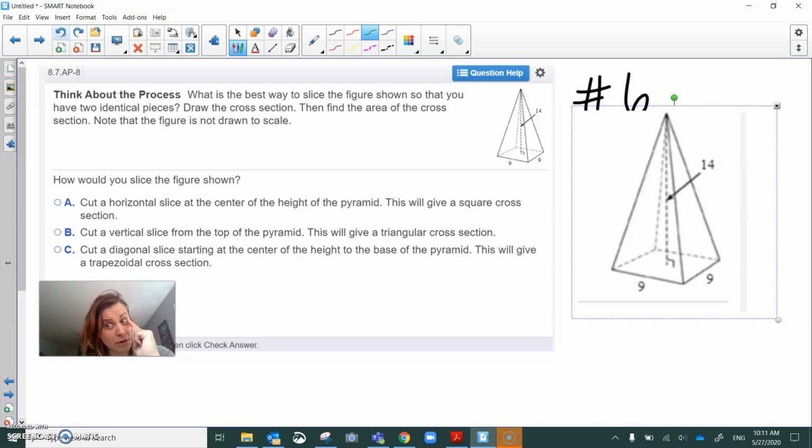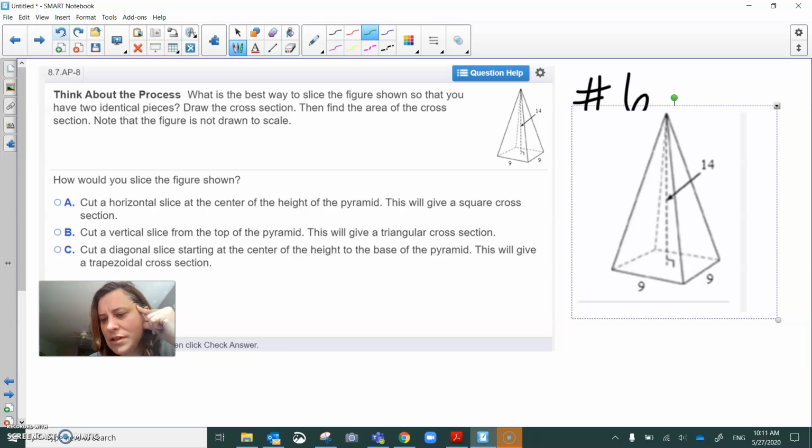If this was Play-Doh and you wanted to slice it to make it 2 identical pieces, I don't think corner to corner.